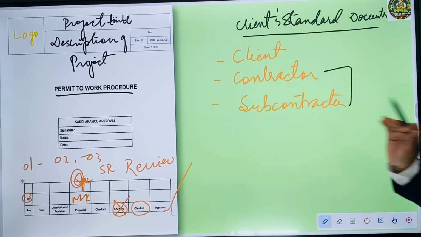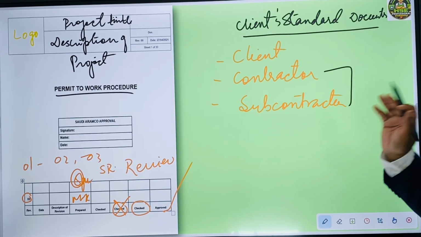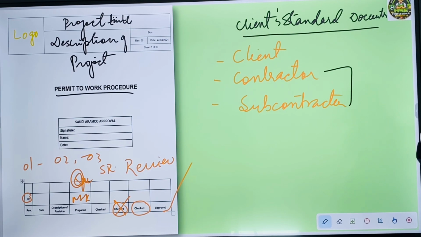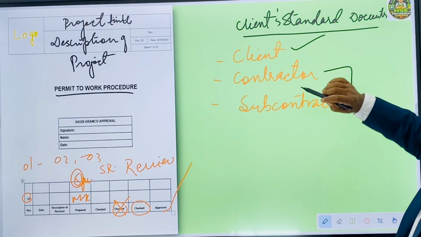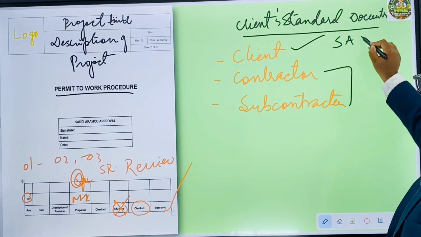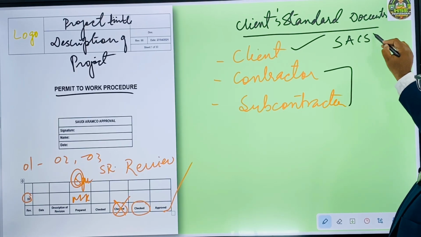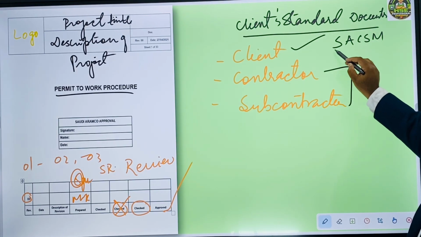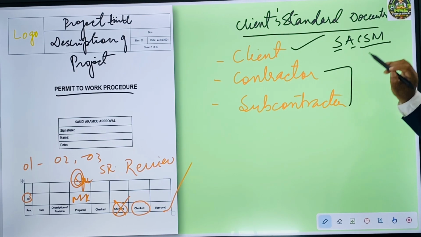So when we prepare this permit to work procedure, it will be based on the client document. Like in Aramco, we can say SACSM, the Saudi Aramco Construction Safety Manual, and there is also the GI, as per the General Instruction of Saudi Aramco.